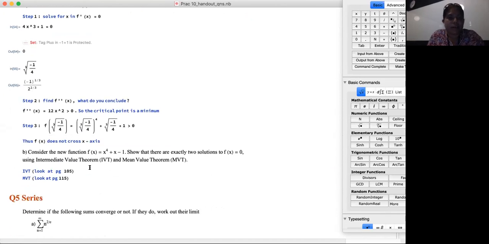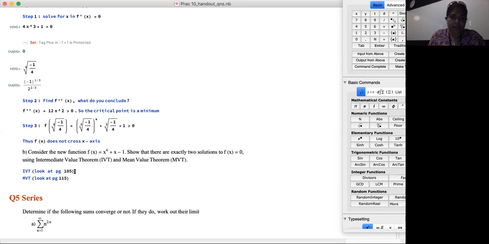Part B. Is there any question from that part? Part B, consider the new function. Show that there are exactly two solutions to f(x) equals 0 using the intermediate value theorem and mean value theorem.